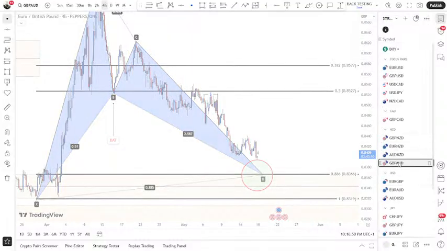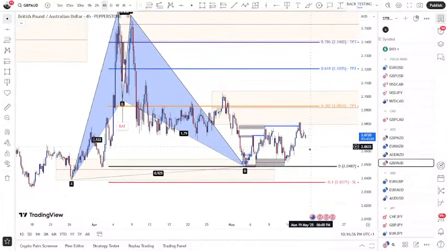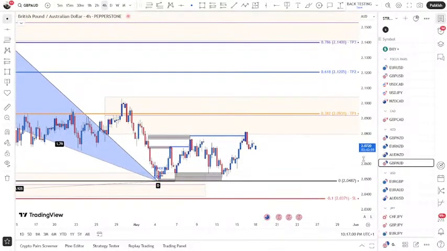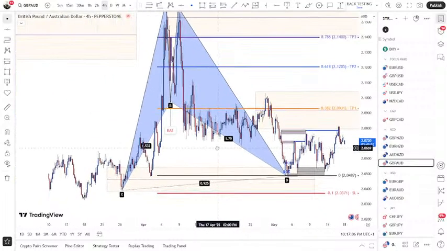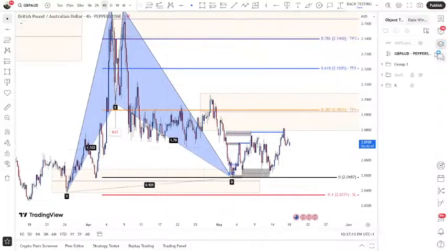So GBP AUD, we are looking for a continuation to the upside. This is actually a bullish Bat pattern. We are almost close to 0.618 at this weekly key level.